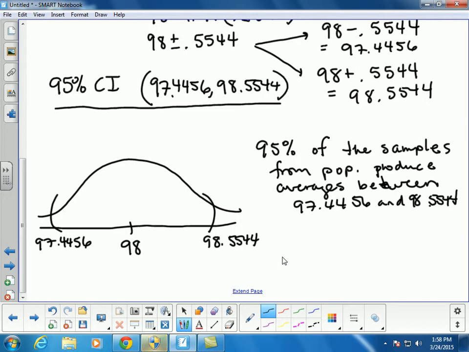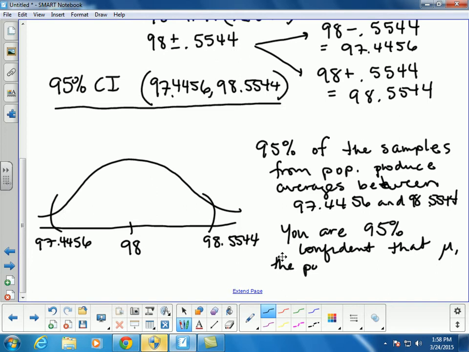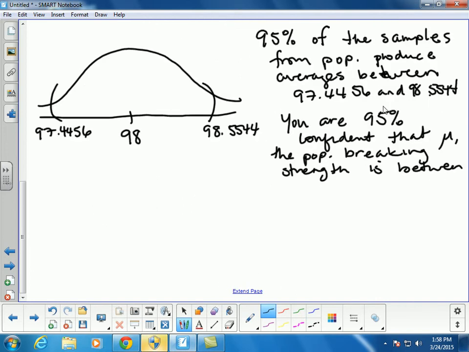You can also say, and this is what most textbooks say, that you are 95% confident that mu, the population breaking strength, is between 97.4456 and 98.5544.